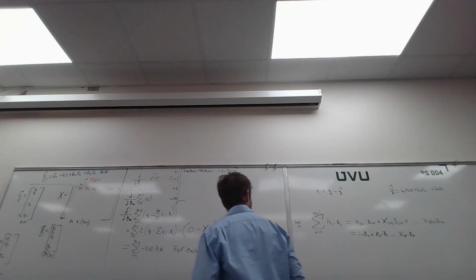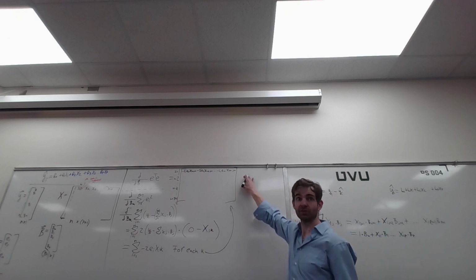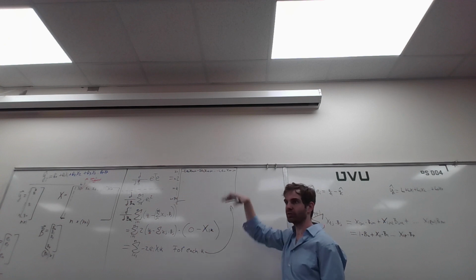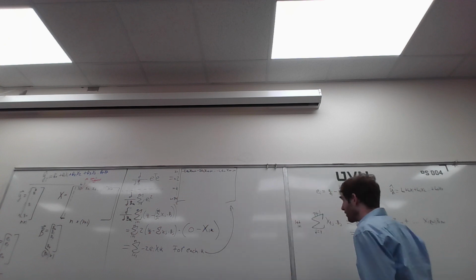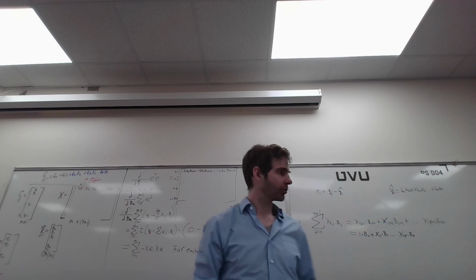When I create this matrix, this vector I should say, which is just a one-dimensional matrix in at least one direction, when I create that, I need to erase that stuff because I need to remove.